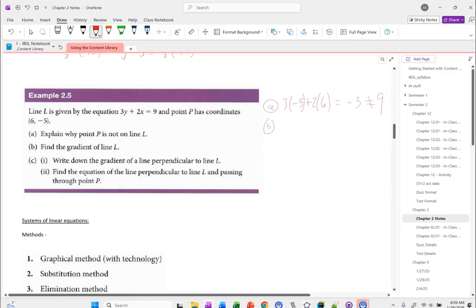If I want the slope for L, how am I going to do that? Well, we want to get y by itself, right? And in doing so, I'm going to end up in slope-intercept form.